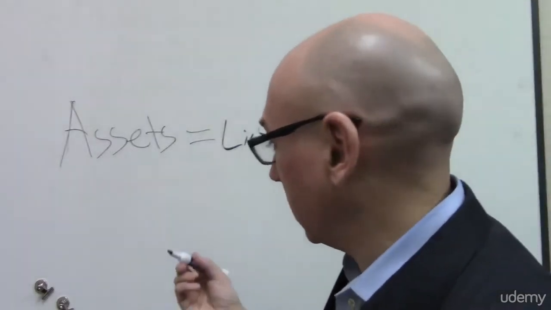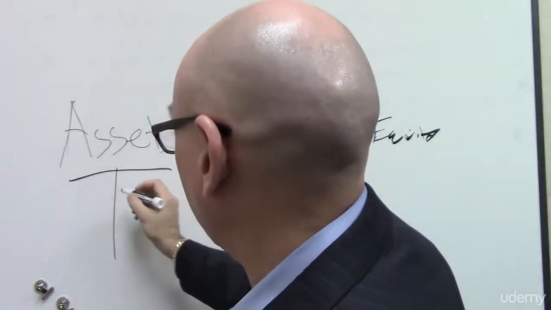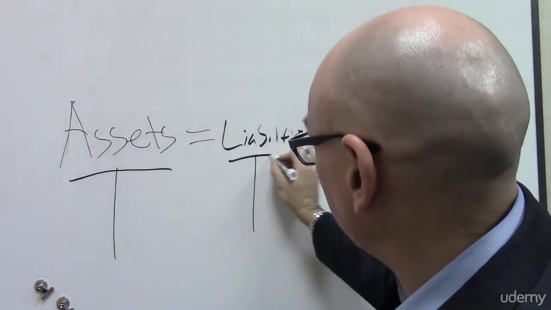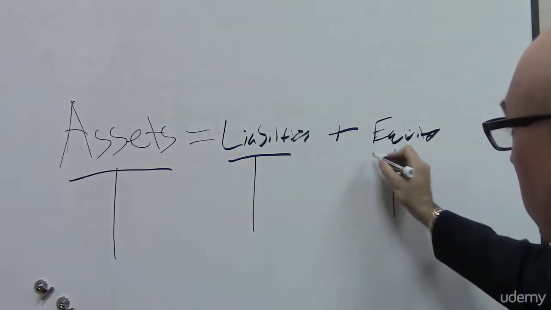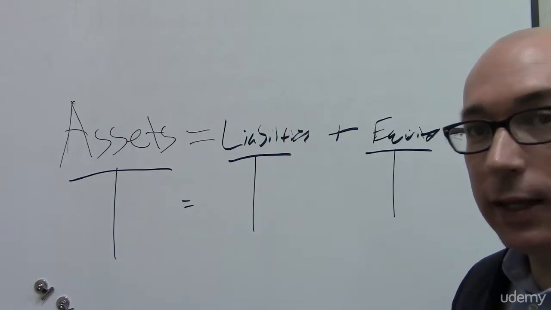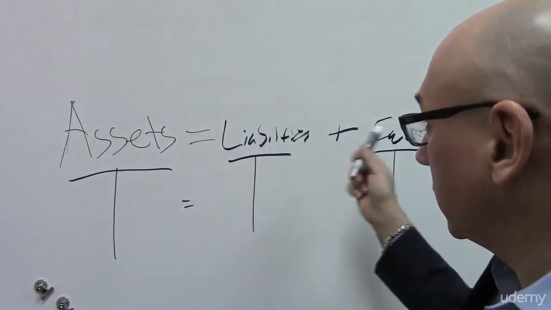Now, assets we can describe by T-account. This is called a T-account, and we have a T-account for liabilities and a T-account for equity. The T-account is just a graphical representation of assets, liabilities, and equity.